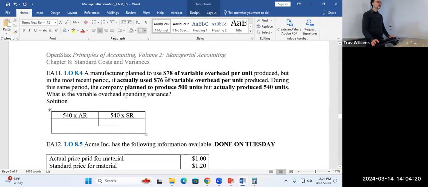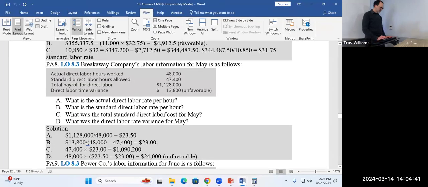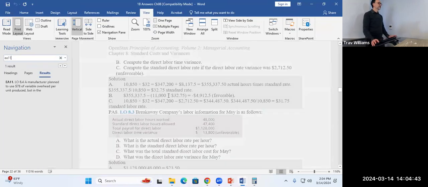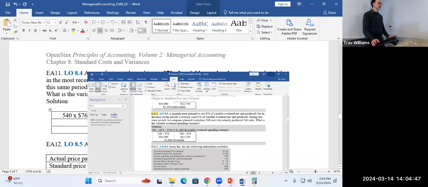Our actual rate was the 76, right? It actually says actually. And the standard rate was 78. All right, let me check this one before we go any further. 540, yeah, we did say 540, good, okay.